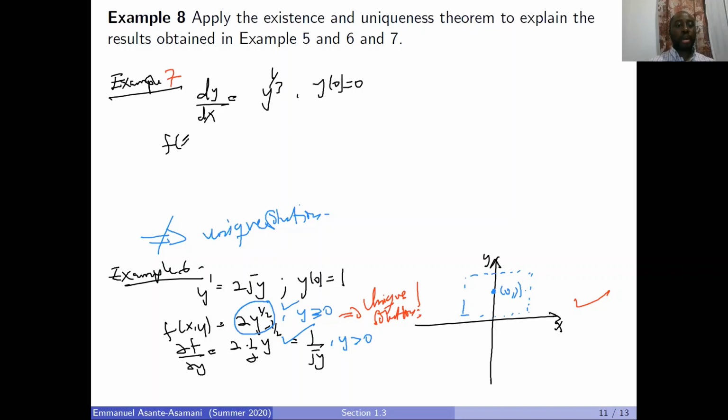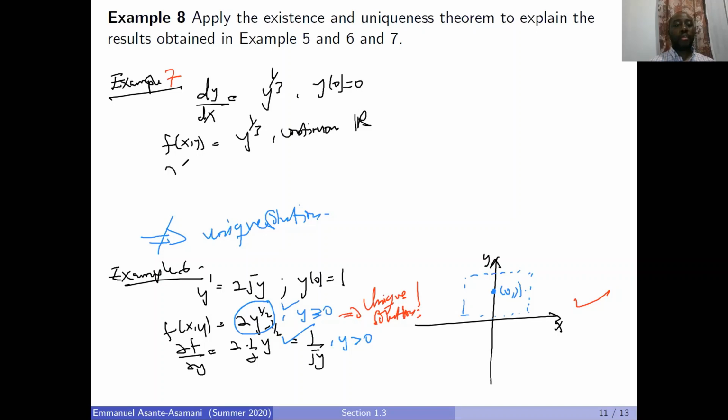Okay. So my f of x, y, of course, is y to the 1/3, which is independent of x. Now, since this is a cube root, it is continuous for all real numbers, right? Because you can take the cube root of a negative number.